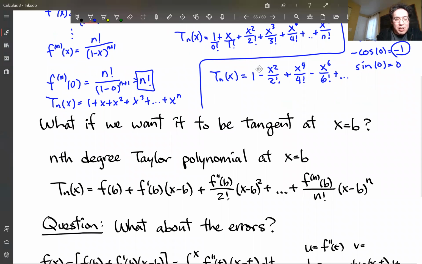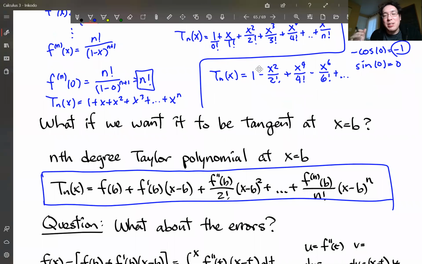You're going to replace x to the n with x minus b to the nth power. So that would be shifting the graph to the right by b units. And instead of taking the derivatives at 0, you take the derivatives at b. So this would be the nth order Taylor polynomial at x equals b.